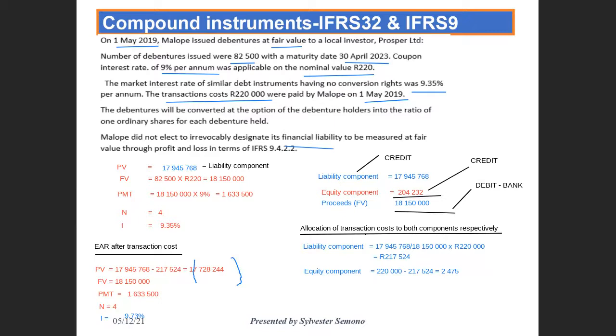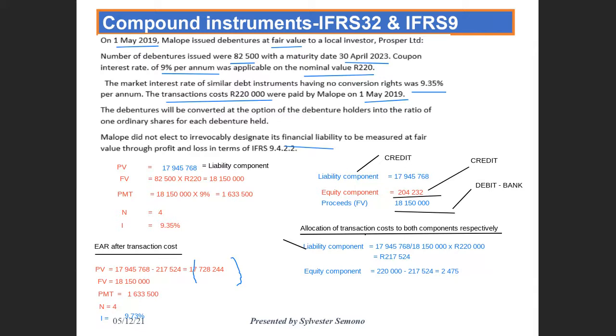Can you see here that when we allocate transaction cost to the liability, it means we deducted, so our liability will decrease. So what must we do here? We will have to debit this component. This one is going to be debited.